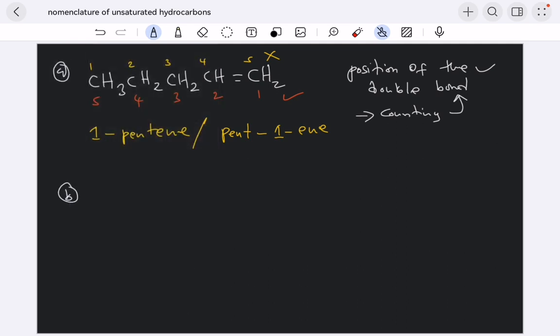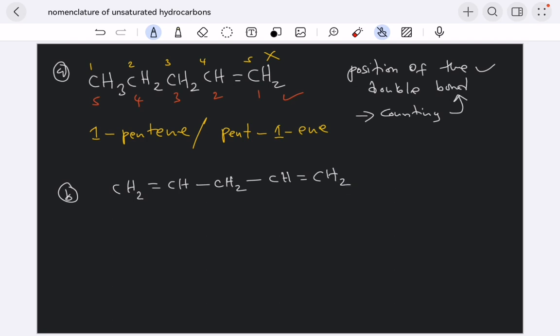B, let's look at another interesting structure. Let's say CH2 double bond CH, then CH2, CH double bond CH2.